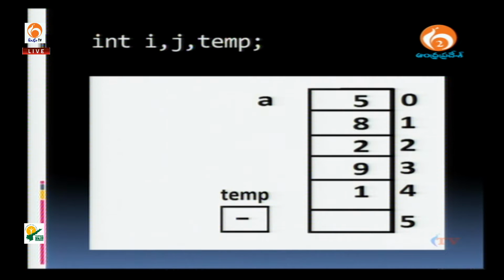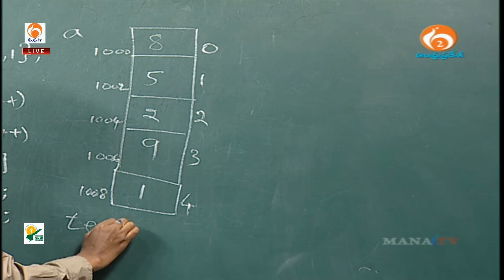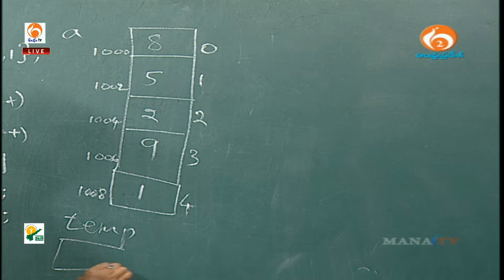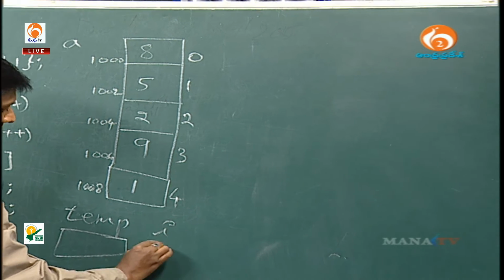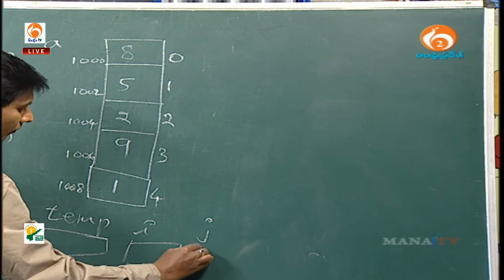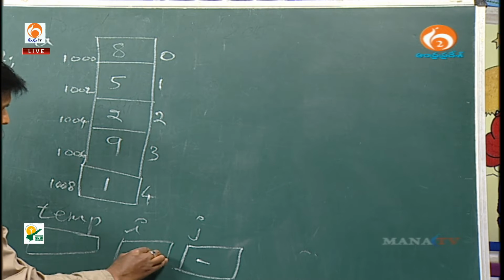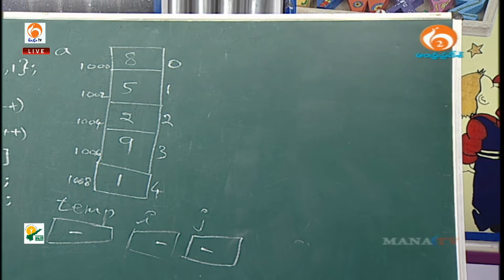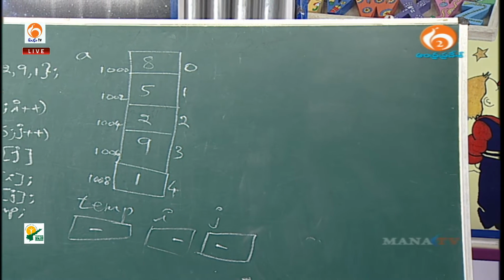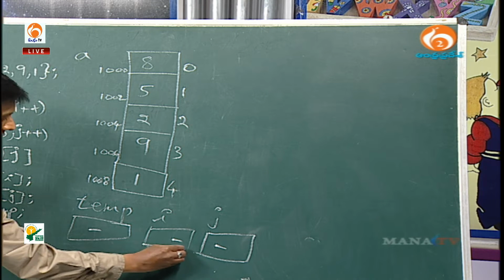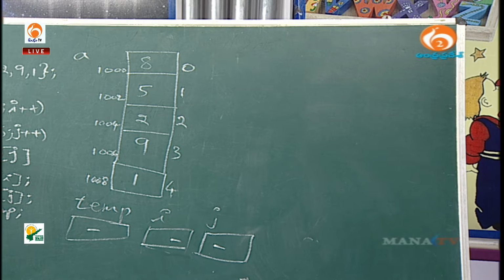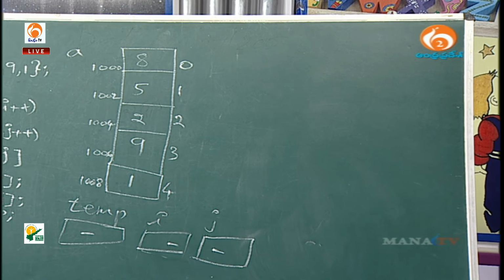Here also I am writing temp, i, j with garbage values. Next statement we will see on the slide. Three variables are created somewhere in the memory.